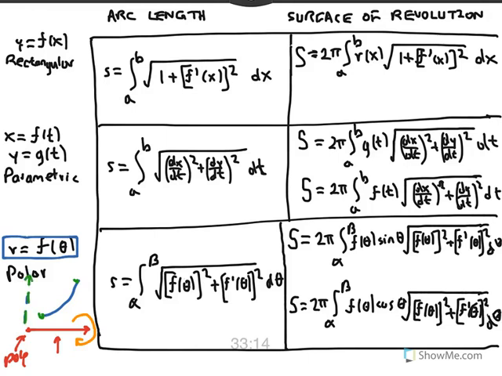And the question that we have is, how can we find the area of such a surface of revolution?